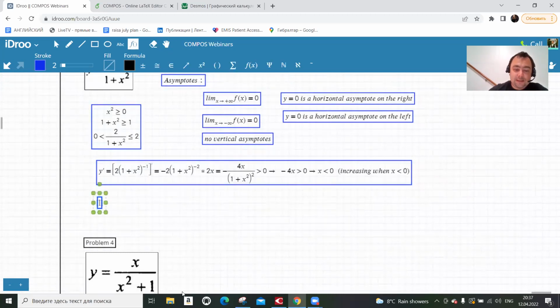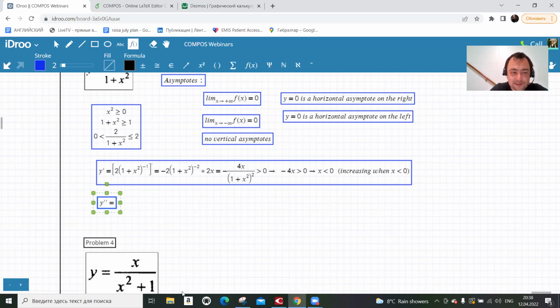Second derivative. Now, you don't always have to do such an in-depth analysis. I mean, it depends on the question. Second derivative. So to find the second derivative, I'm going to use the quotient rule here, I guess.